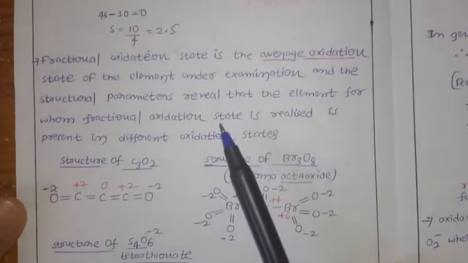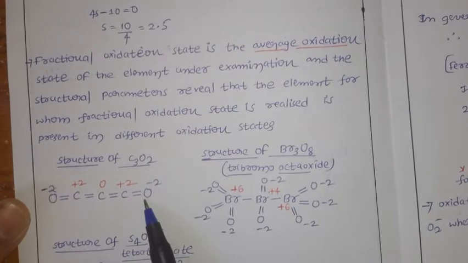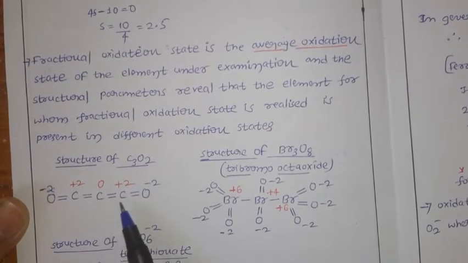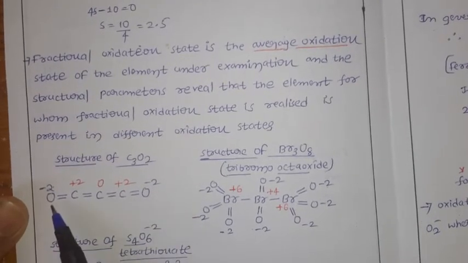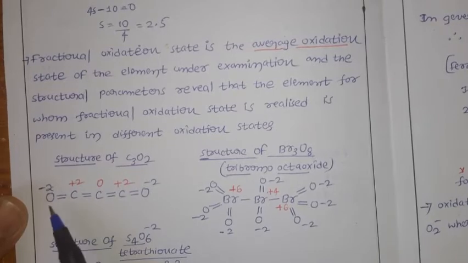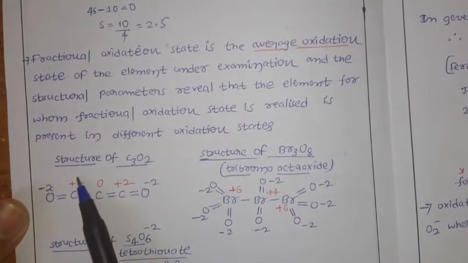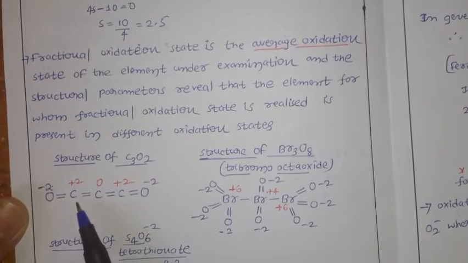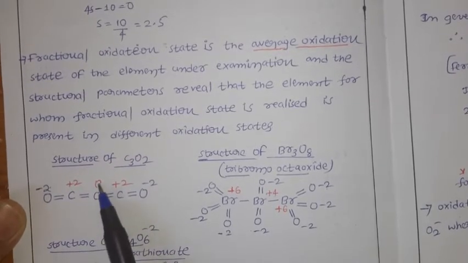Now if you come to the structures, this is the structure of C3O2, carbon suboxide. In this structure, each atom is revealed to have a different oxidation number. We know very well the common oxidation number of oxygen is -2. This -2 is compensated by the +2 of this carbon, since one is more electronegative and the other less electronegative. Between this carbon and the next carbon there is no transfer of electrons, because they have the same electronegativity, so it is 0.